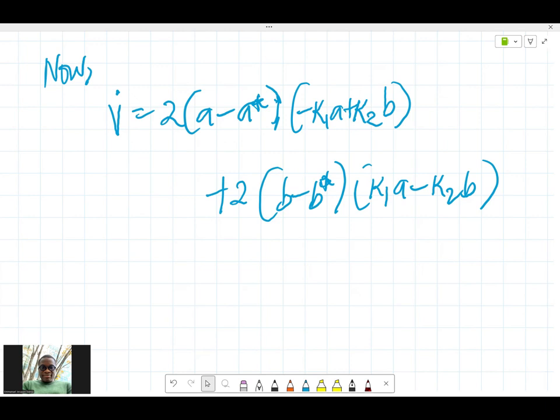So if we have this now, this is V dot, right? A minus A star. What actually happens here is, trying to see what that will give.